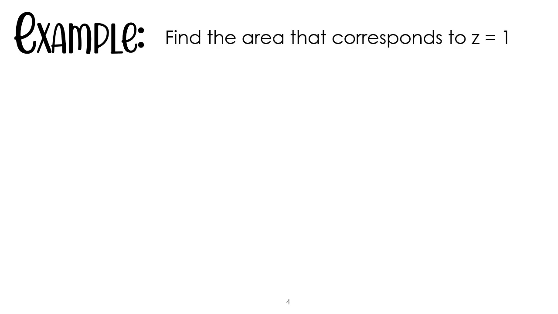Now let's have an example on how we can use the z-table to find the areas between 0 and a certain z-score. For example, we have to find the area that corresponds to z equal to +1. When we say the area that corresponds to z equal to +1, it means that we're going to find the area between 0 or the mean and +1.